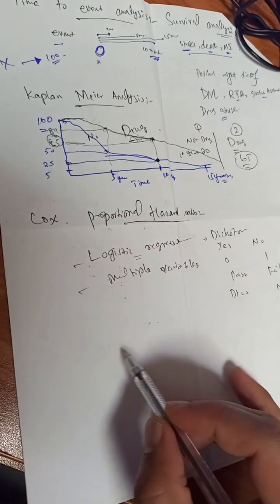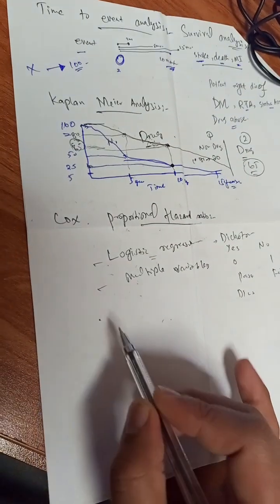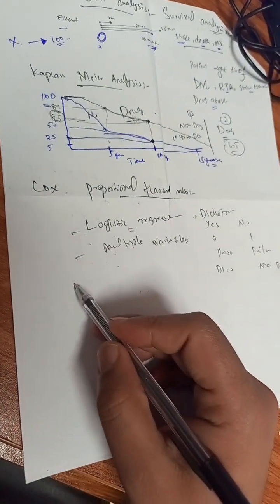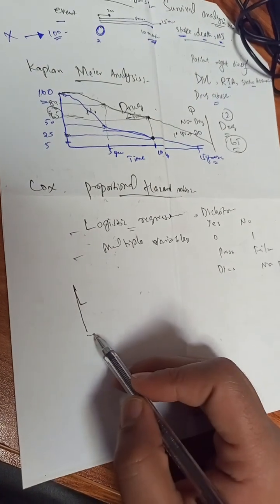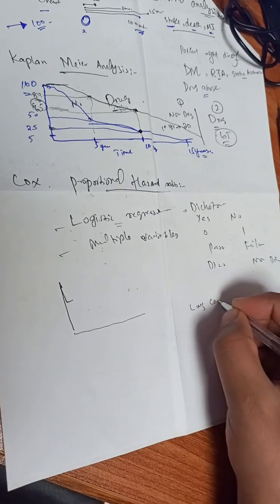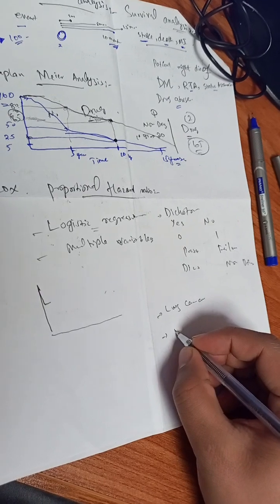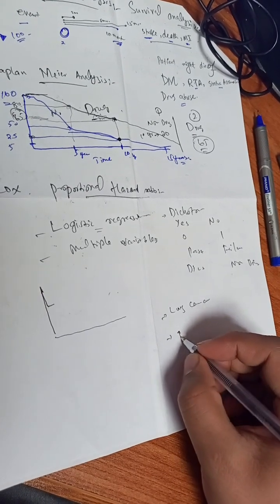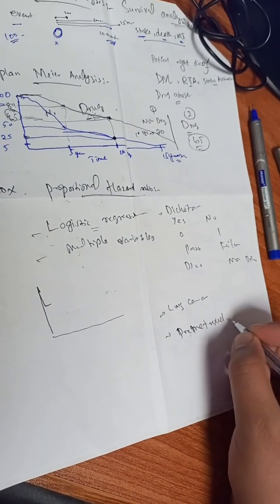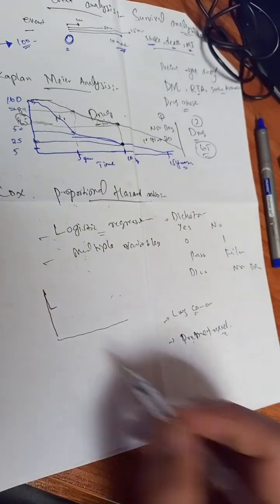So in the Cox proportional hazard ratio, if we take the survival analysis, we will have multiple graphs, right? The survival analysis is best explained with an example of a lung cancer patient to whom we are giving a drug, like Pemetrexed, which is an anti-cancer drug in lung non-squamous cell carcinoma, right?